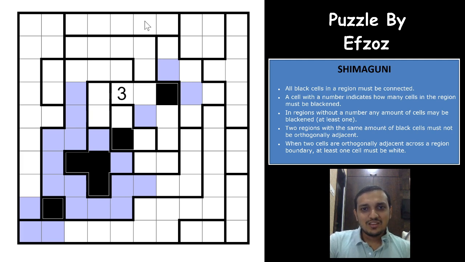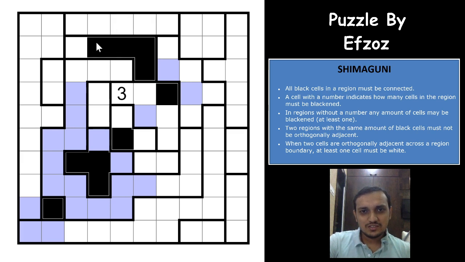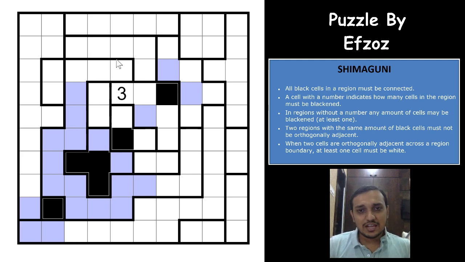So if you see these two regions, right, both of these two regions cannot have the same number of shaded cells and cannot have one shaded cell as well, because both of these regions are touching this region which has one shaded cell, which means that both of these regions combined will have 5 shaded cells at least. One will have 2, other will have 3, right? So at least 5 shaded cells, and more than 5 shaded cells is possible, not less than 5, combining both these regions.